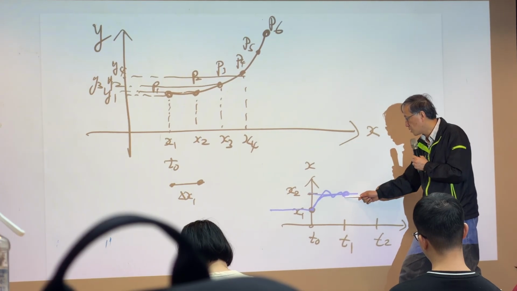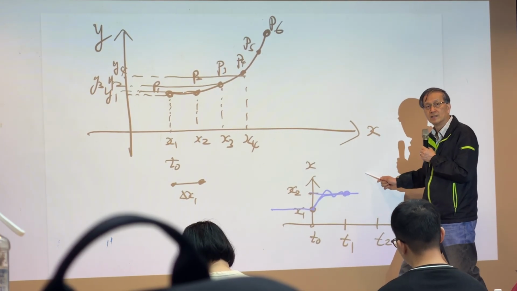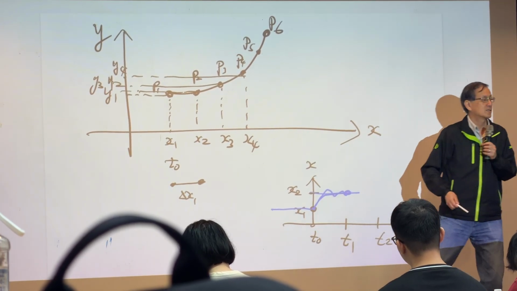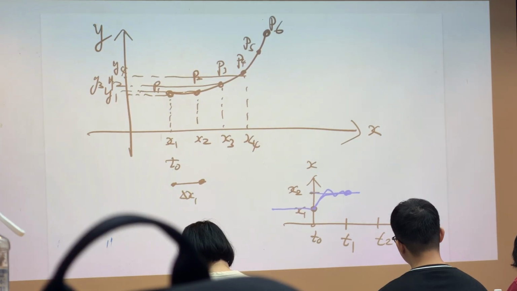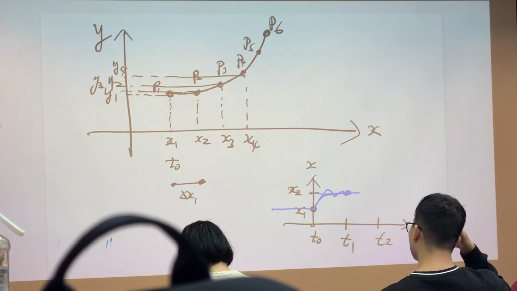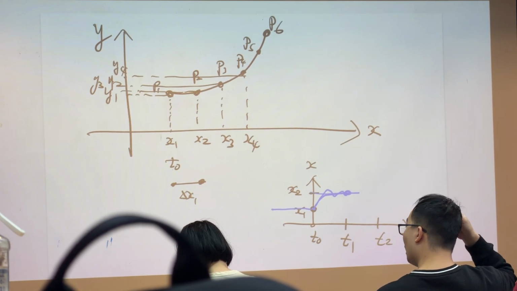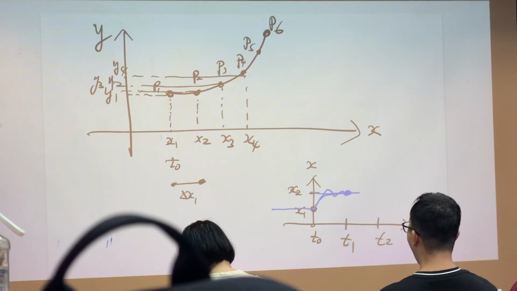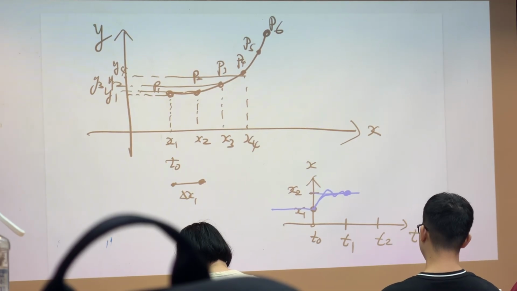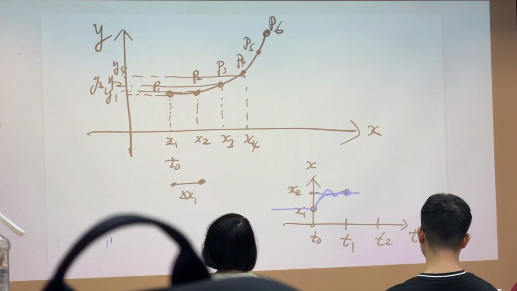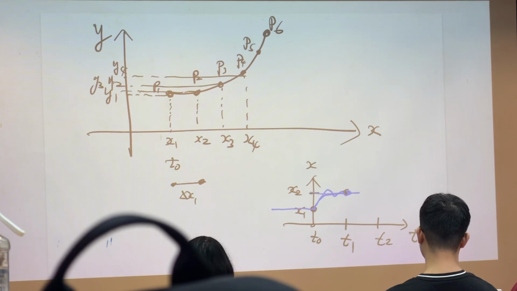But now at T1, you receive another command to go even further. So even before you saturate, going from T1 to T2, you are actually asked to move to X3 position. Let's say X3 is here.